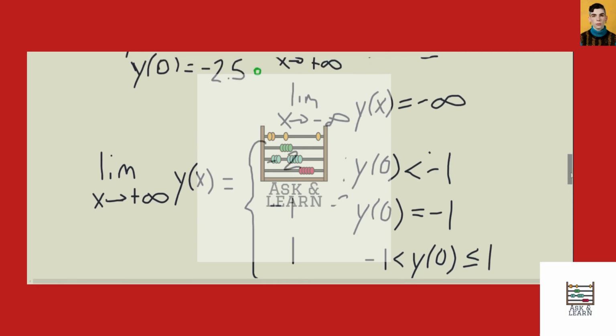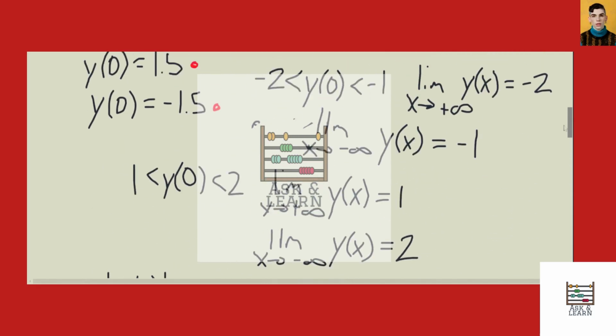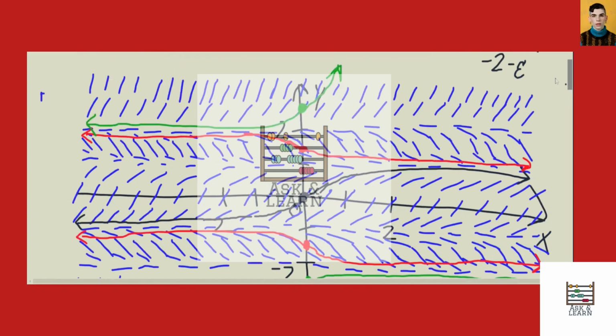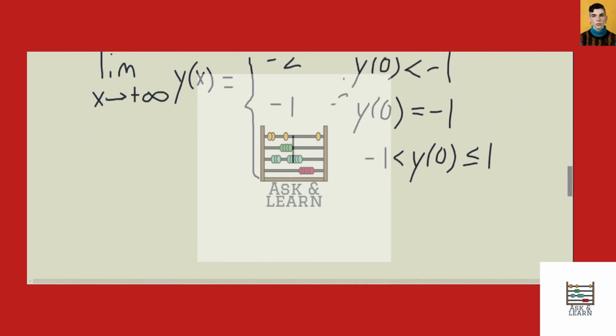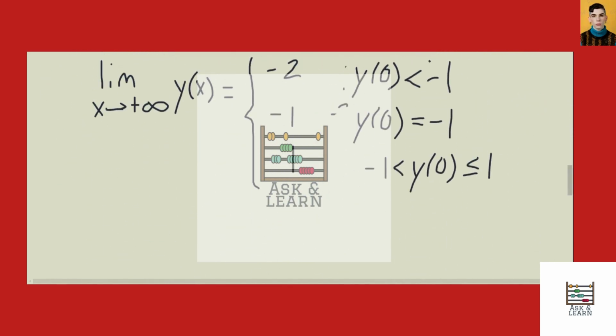And we see that if y0 is strictly greater than 1, but is less than 2, we still have a limit of 1. So again, we can revise this to get y0 strictly less than 2.